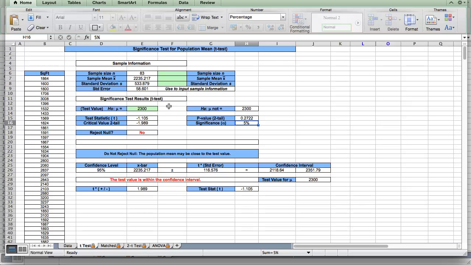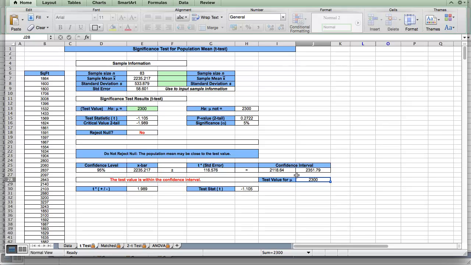So we could see here that the p-value is quite high at 0.27, and that is not at all a statistically significant result. Further, we could see that 2,300 square feet, that assumed mean, is within our range of estimate.